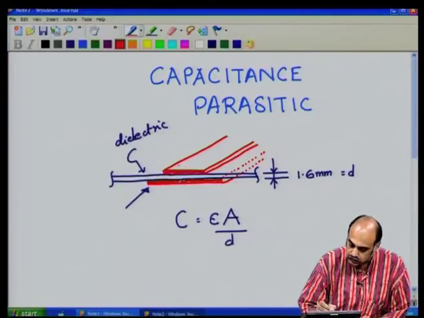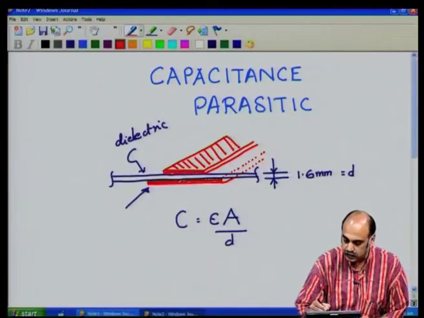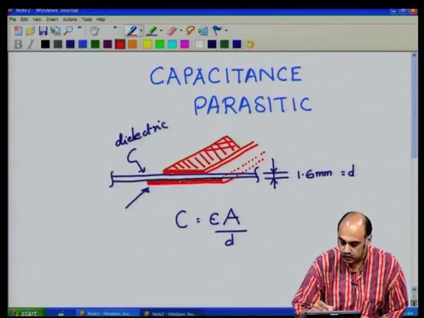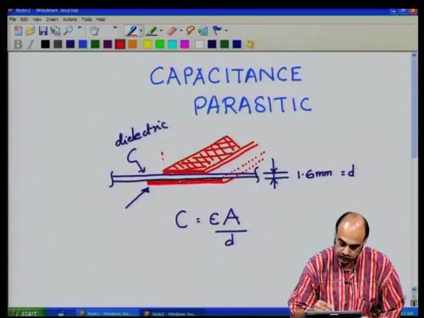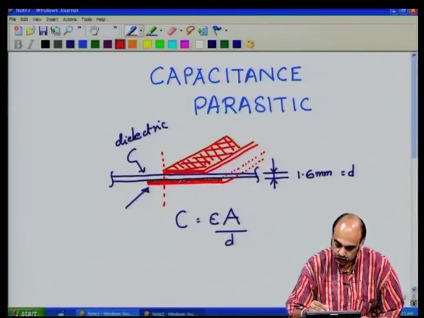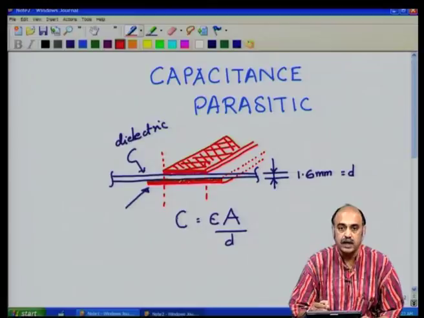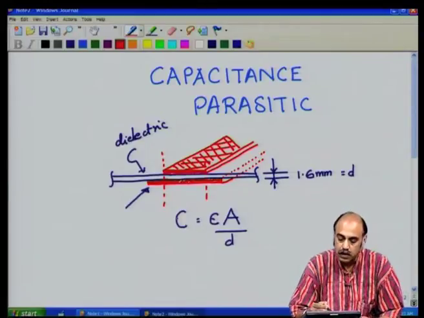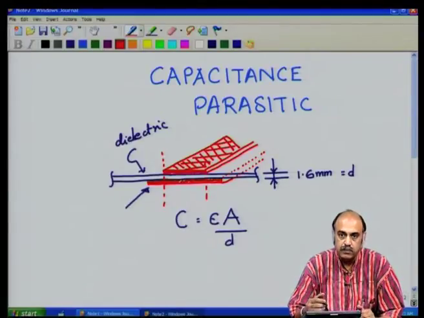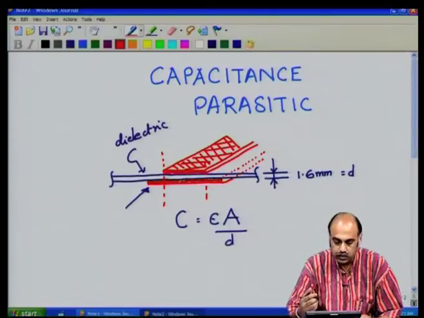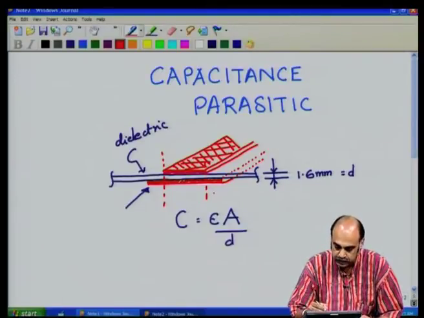Now, this is the smaller of the tracks, and therefore, this area, to whatever length, is the area that is common to both the tracks. And now, these two common areas are the ones which will act like the two plates of a parallel plate capacitance.